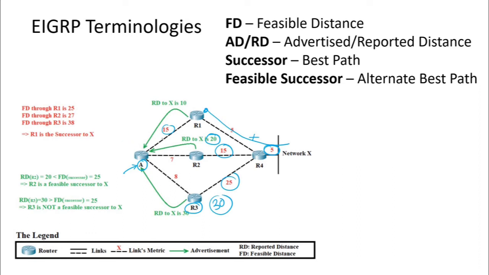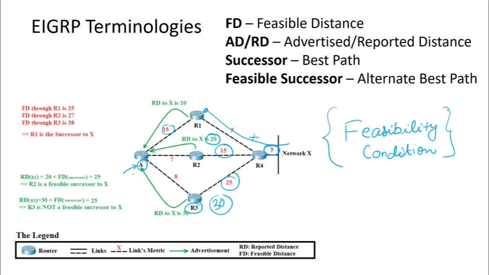So if you go to these terminologies, there's one very important term, that is the feasibility condition. And it is the most asked in interviews: what is the feasibility condition.